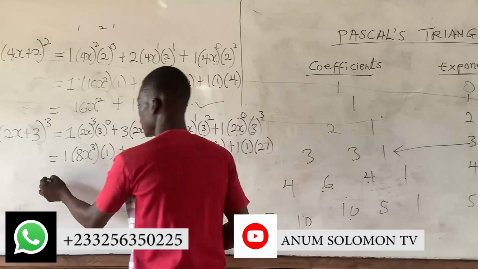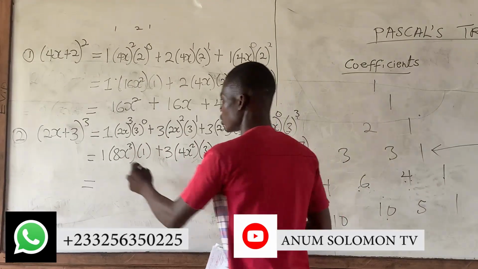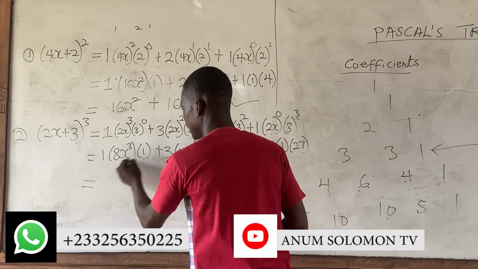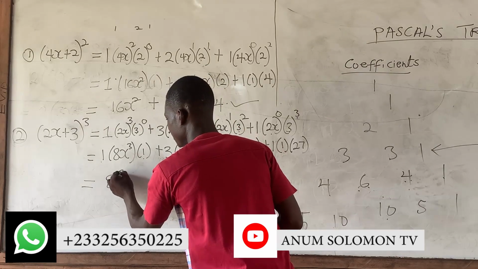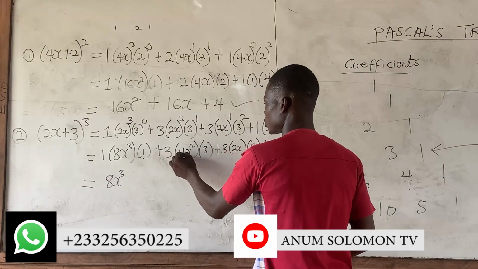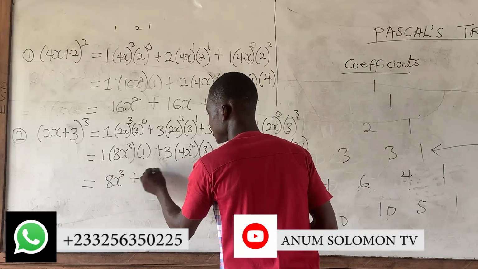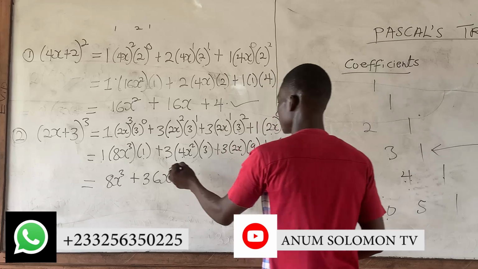So on this note, let's simplify everything here. 1 times 8x cubed is 8x cubed. We have 8x cubed. 3 times 4 is 12x squared, times 3 is 36x squared.